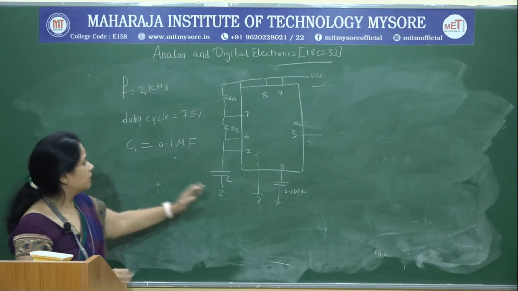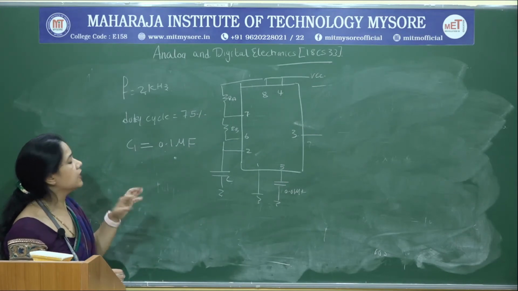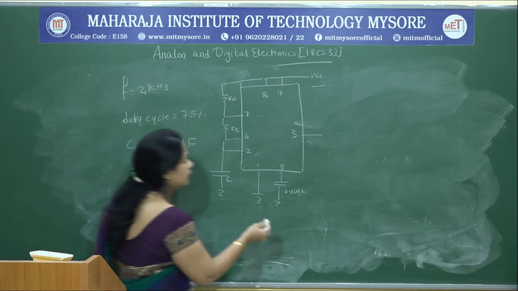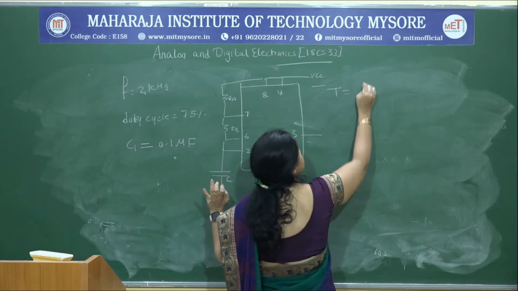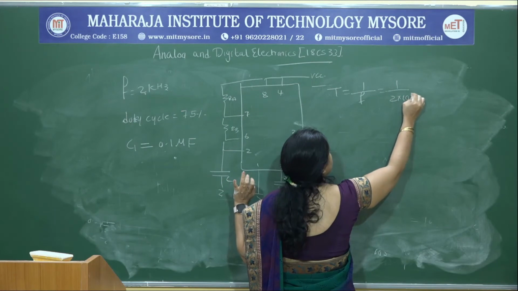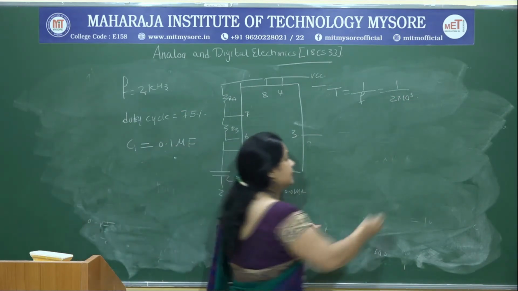I need to determine RA, RB for these particular requirements. So, he says the frequency is 2 kilohertz. When the frequency is 2 kilohertz, total time period T is 1 by F, it is 1 by 2 into 10 power 3, which is going to be 0.5 milliseconds.